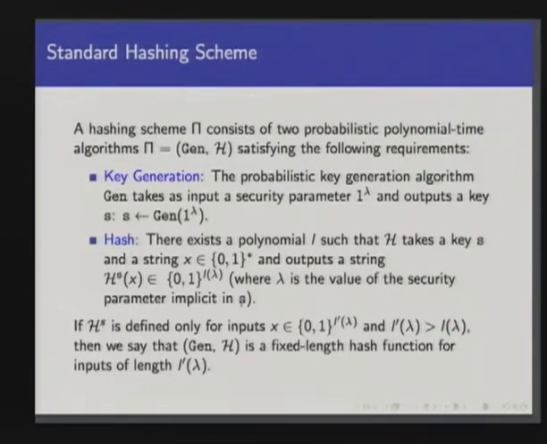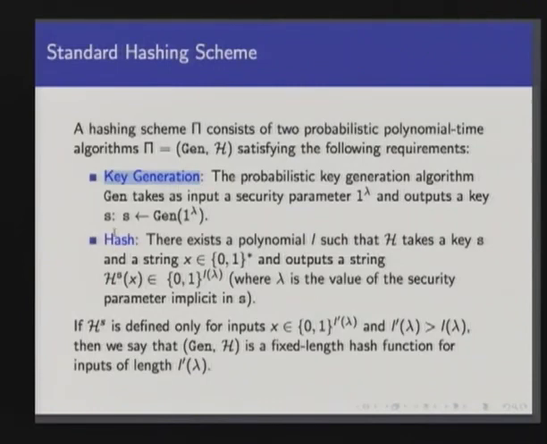We don't need to go into much detail on the mathematical proofs and definitions of hashing schemes, but just briefly. A standard hashing scheme consists of two probabilistic polynomial time algorithms, Gen and Hash, satisfying the following requirements. These algorithms have two sub-algorithms or functions. One is key generation, where a random key is generated using a probabilistic key generation algorithm.